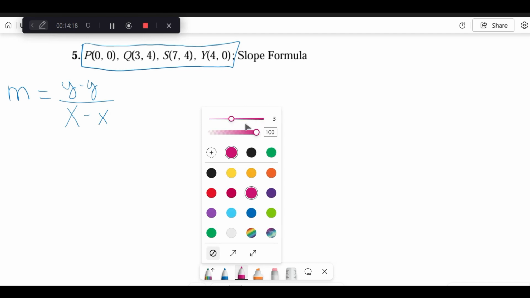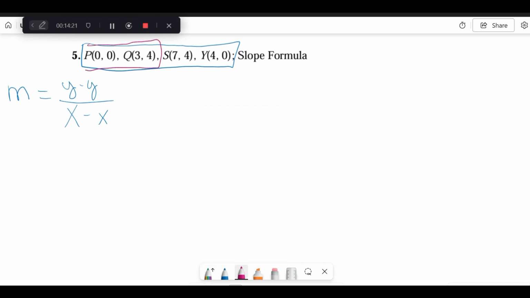So if I'm doing these two right here, and this is x, and this is y, and this is x, and this is y, then I would go 4 minus 0, because those are my y's right there, over 3 minus 0, because those are my x's right here and right here. And if I reduce that, that just becomes 4 over 3.